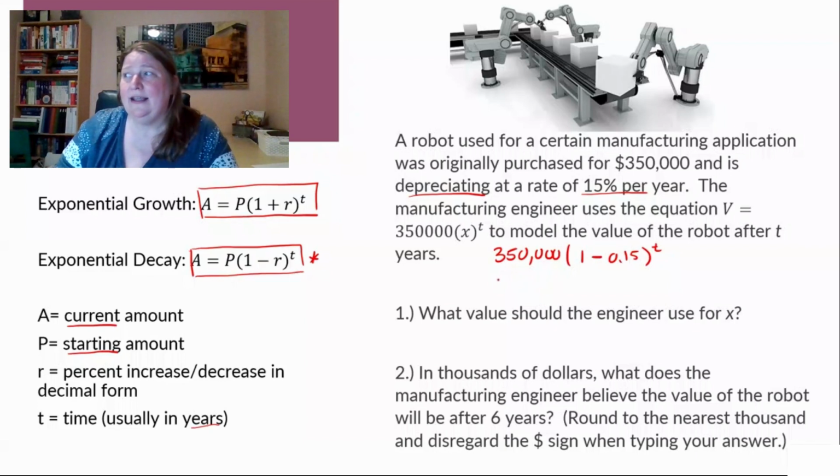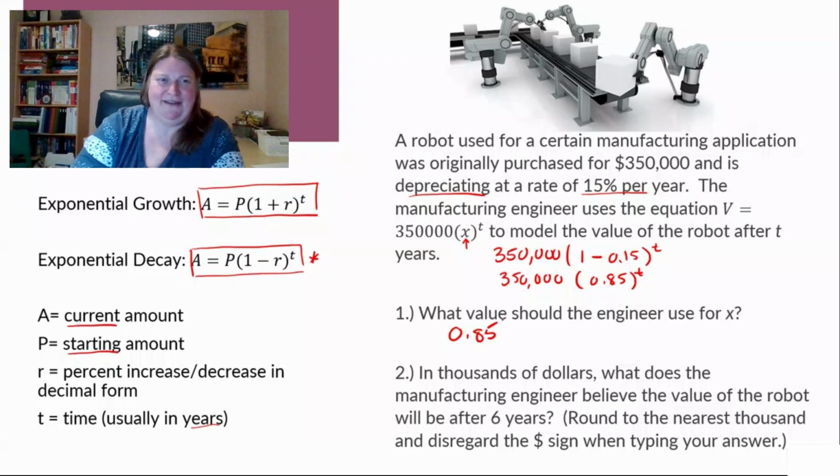And so that's going to be 350,000 times 0.85 to the T power. And that's what the X value is. That's not R. That's after you've done the 1 minus R. So your answer for 1 should be 0.85. I put in an extra 0. Let me fix that. 0.85.